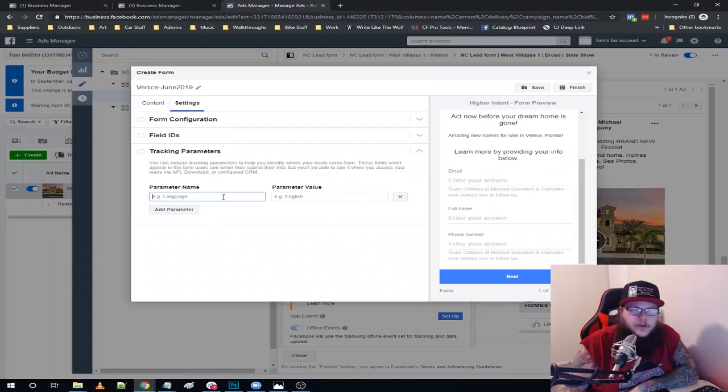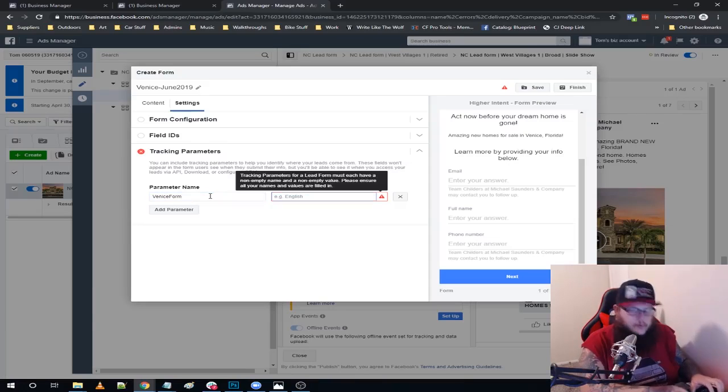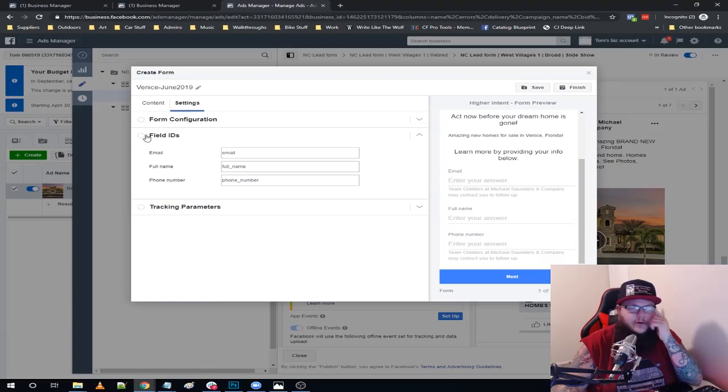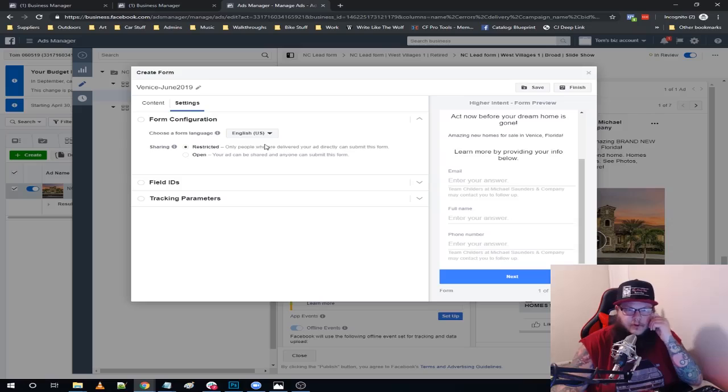And then for a tracking parameter, we're going to say Venice form. We'll just call them Venice lead. That way when you import them or download them out, you'll know that they're Venice leads.